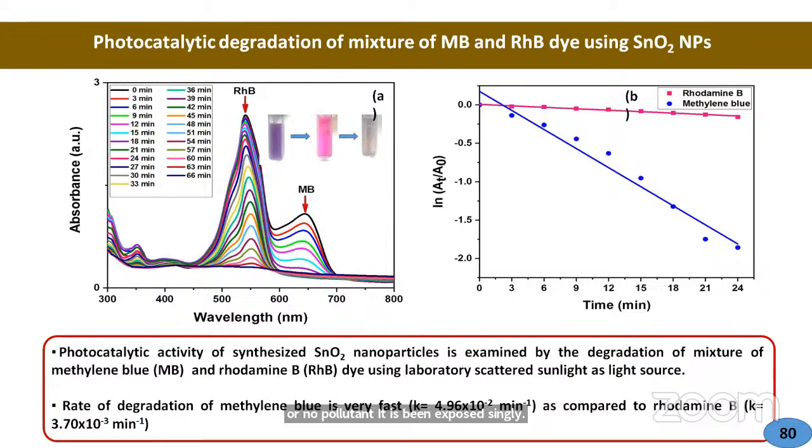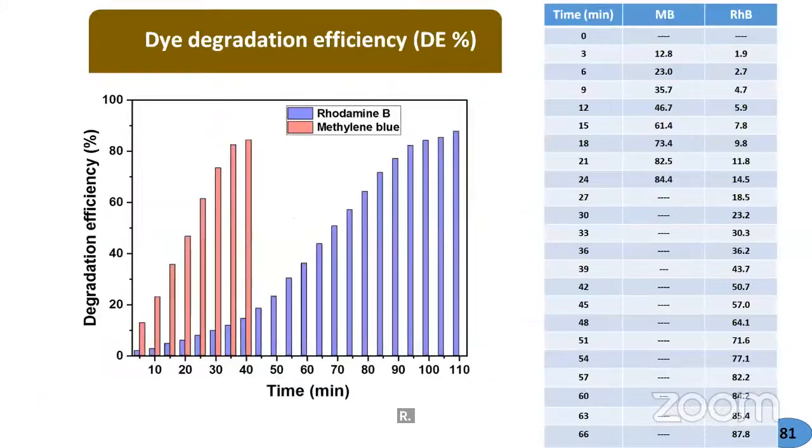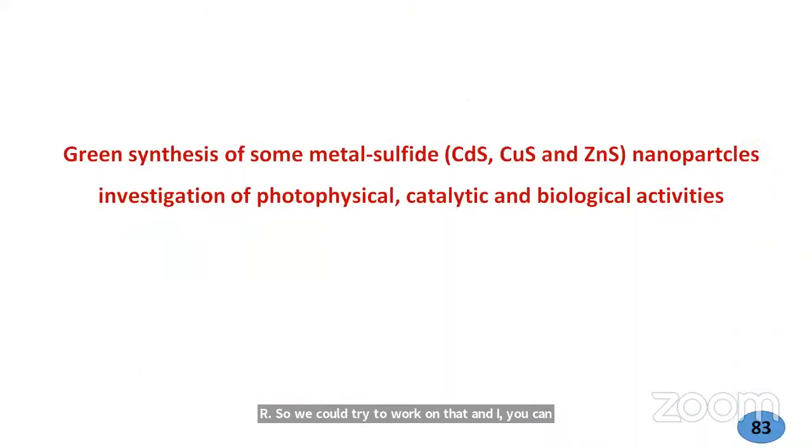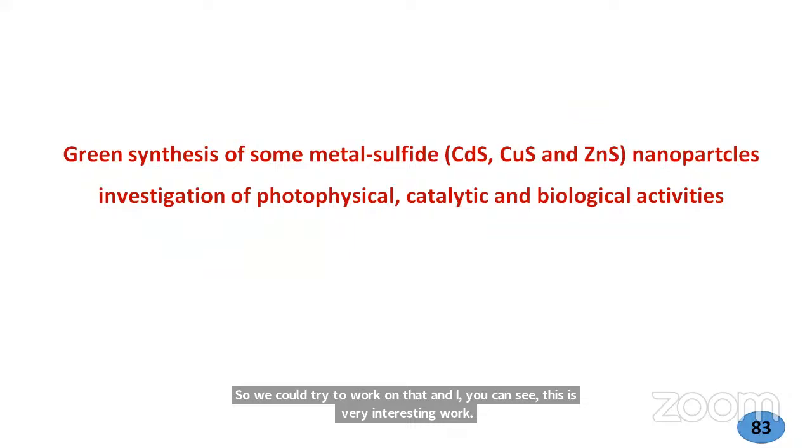So we looked at a mixture of these two dyes to see which one has the higher rate of degradation. The methylene blue degradation rate is high compared to rhodamine B. We could work on that and see the efficiency simultaneously. This is very interesting work that we could publish and highlight.